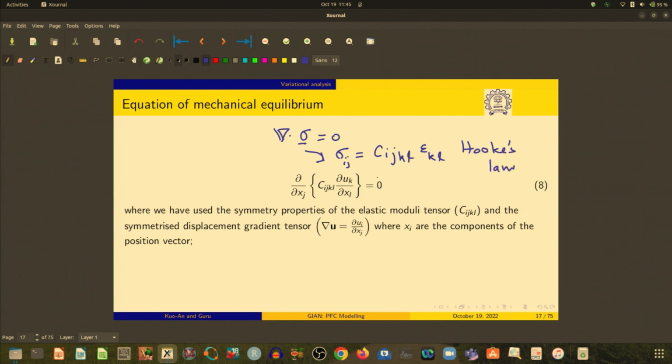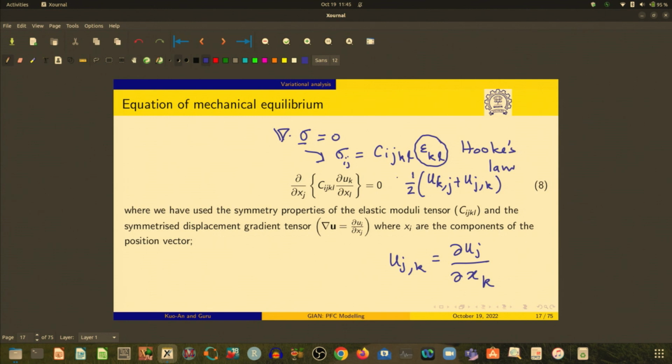So, I am assuming Hooke's law, and we also know that epsilon_kl can be related to the displacement field by symmetrizing the gradient of the displacement field. So, it is half of u_k,l plus u_l,k, where my notation comma k means u_j,k is nothing but dou u_j by dou x_k, right.